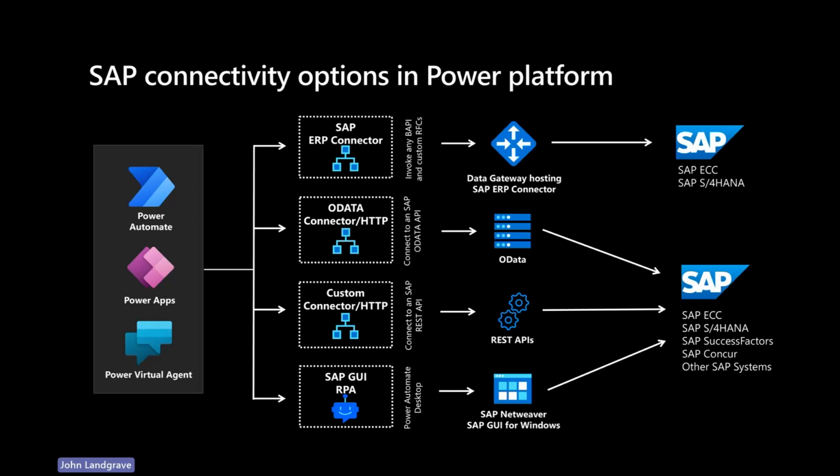But once you start getting into how do I build something that's sustainable and scalable and easy to monitor, we have seen people move away from RPA and move more towards DPA. Frankly, before we released these versions of the controls, that was a much better option because the prior version of the SAP connector before October of 2021 was pretty limited and not as performant as customers are used to from Microsoft.